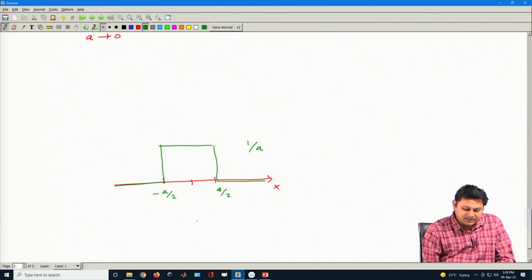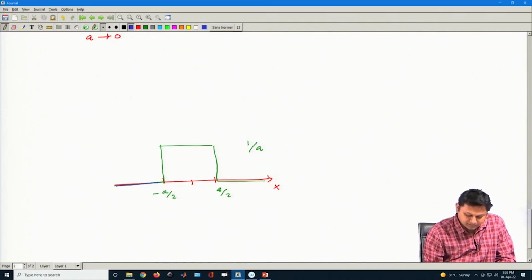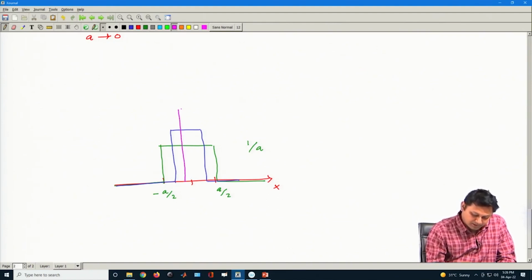I gradually decrease the a in such a way that these things will shrink, and so at the next point, if we reduce that, I will get a function like this, because I am reducing a. In a similar way, if I reduce a more, I will get a function like this.